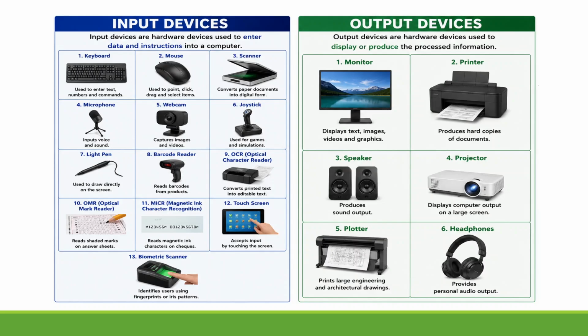And one more is the touchscreen. If you want to operate your machine through screen touch, like our smartphone, it is also considered an input device. That particular screen is nothing but an input device.